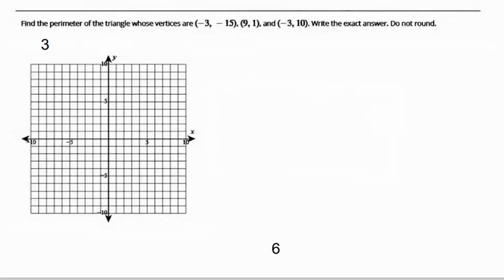So what I did is I put this graph here. This wasn't with the problem originally, but again, to give you some idea of strategies.